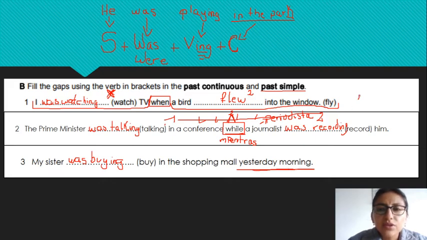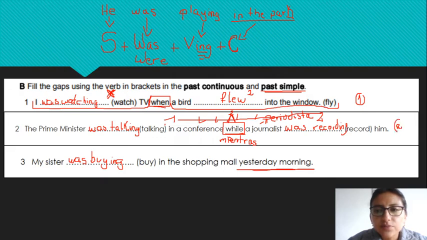Okay? Use number 1, the relative clause when: the action number 1 was happening and the action number 2 stopped the first action. So for that reason the action number 2 goes in past simple.